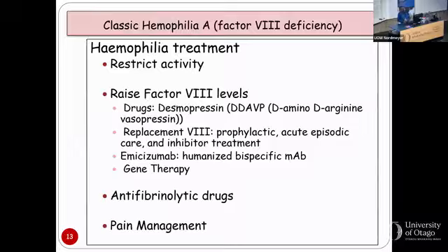Progressively, you would find that people who have been exposed fairly early to factor 8 can develop antibodies or inhibitors in their system, and the factor 8 becomes less useful. That brings us to monoclonal antibodies, which is the most recent development, and is available in New Zealand.